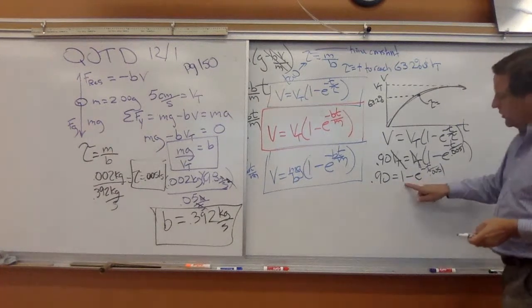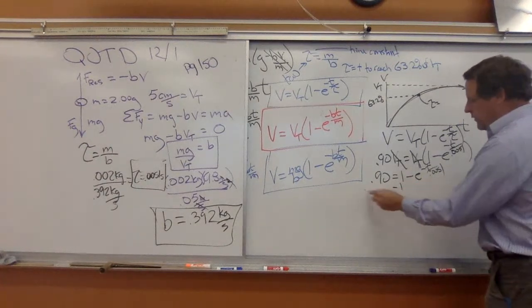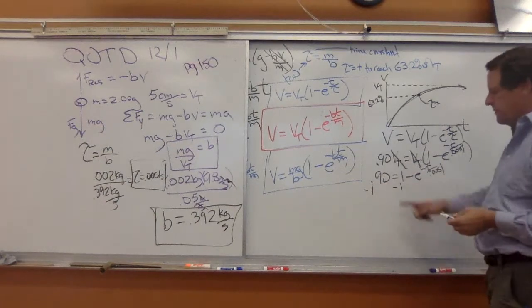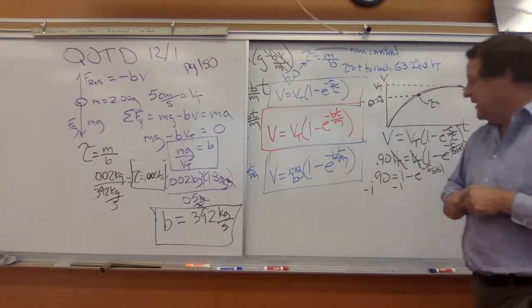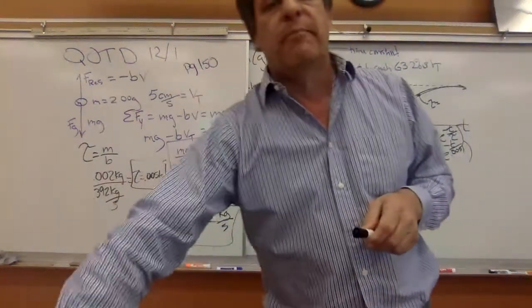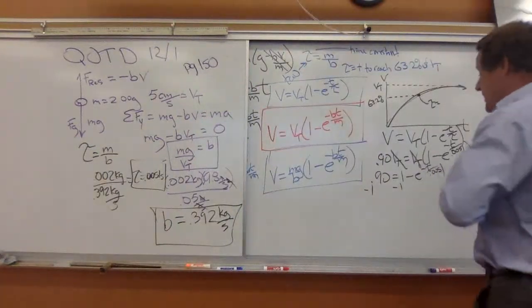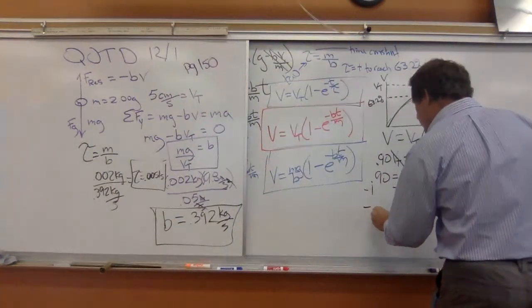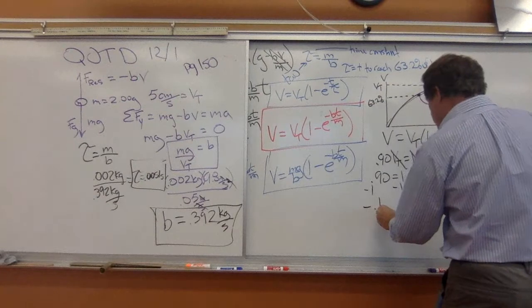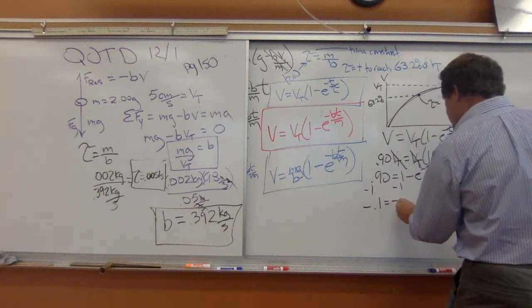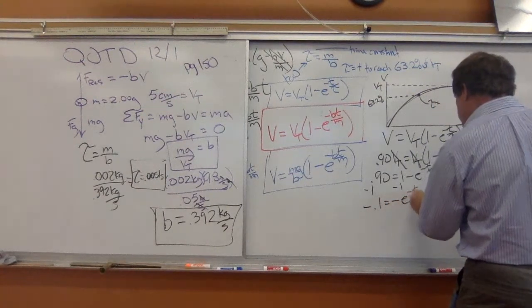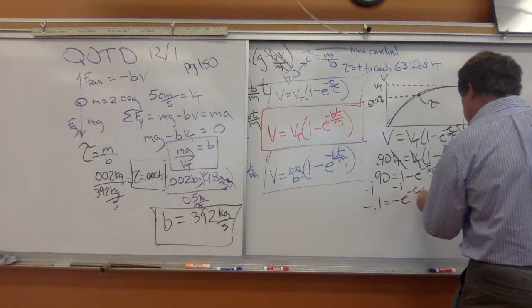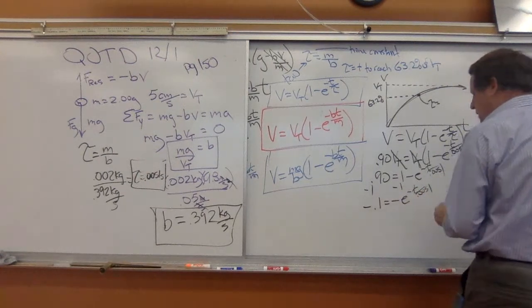And so what I'm going to do is subtract 1 from both sides. 0.9 minus 1 is going to be negative 0.1, and that's equal to negative e to the negative t over 0.0051.